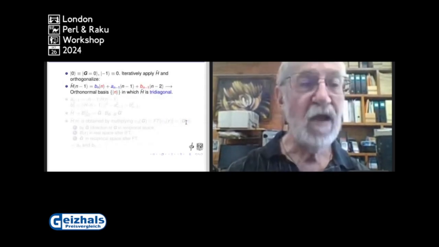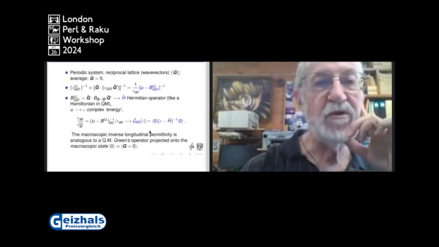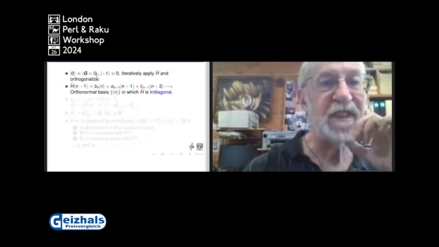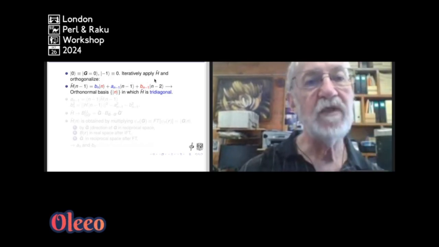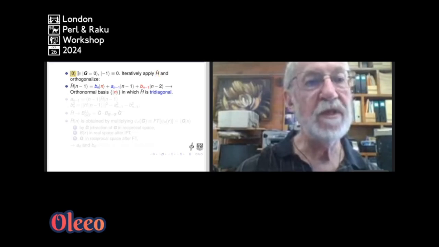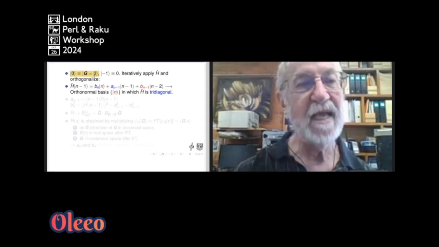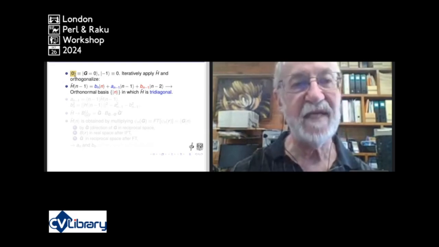To do that, one can represent the operator using Haydock's recursion, which I will try to explain here. We apply whatever our Hamiltonian is to the macroscopic state, build a new state, and orthogonalize that state to the previous state. If I start with state 0, I get a state 1.